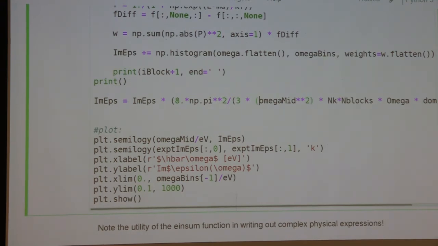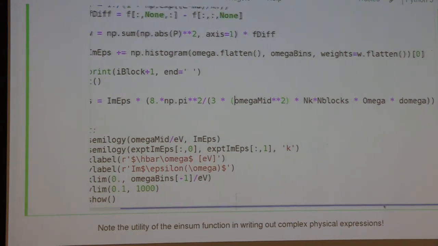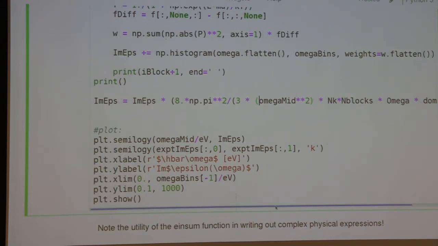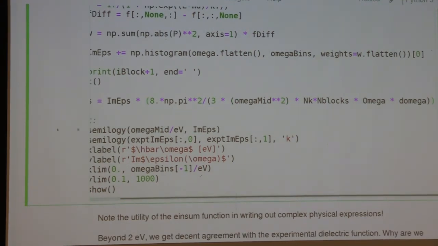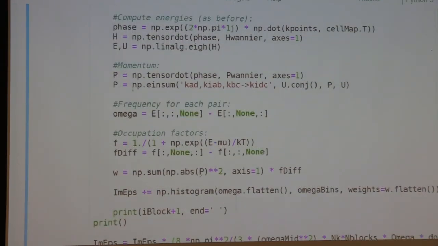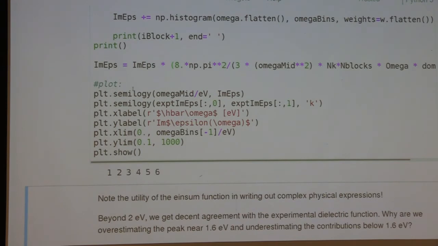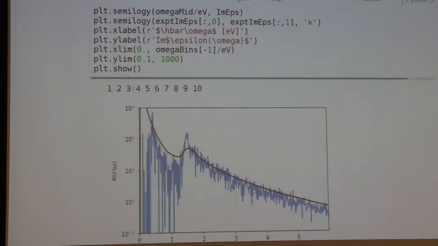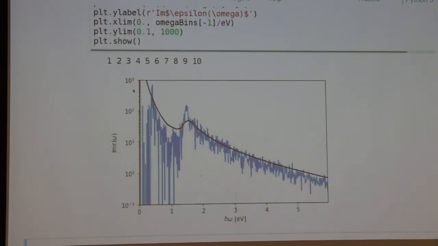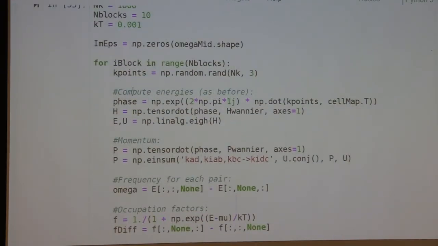Right, and then I have the nk, the total number of k points, the unit cell volume, and the converting it to a probability density that we wanted to do. Alright, so let's run that, and I'm sure that's going to have some errors which we'll have to fix. Or maybe not. Surprisingly not. But let me just run that for longer and I'll leave it on the code.